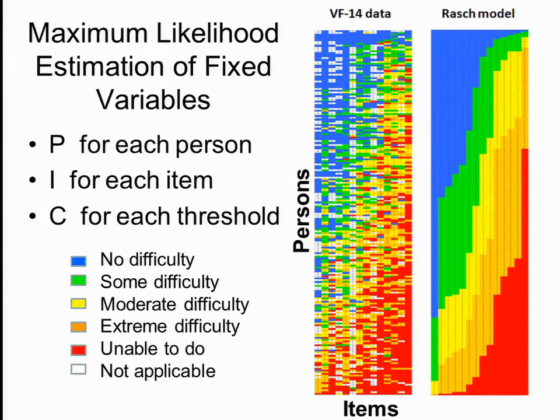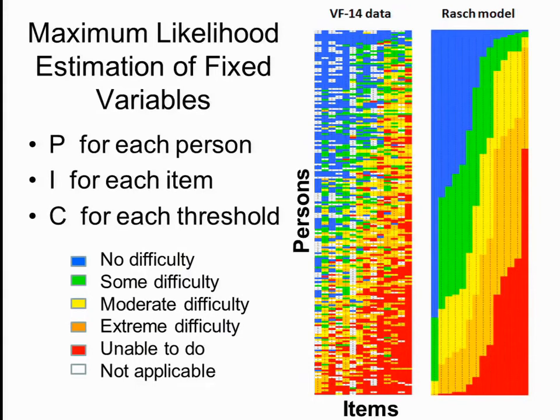You can see a banding pattern in the data because I've summed all the rank scores for the responses for each column across all the patients. That's the raw score for each item. Then I ordered the items by their raw scores. Then I summed across all items for each patient to get a patient raw score, and I ordered the patients by their raw scores.